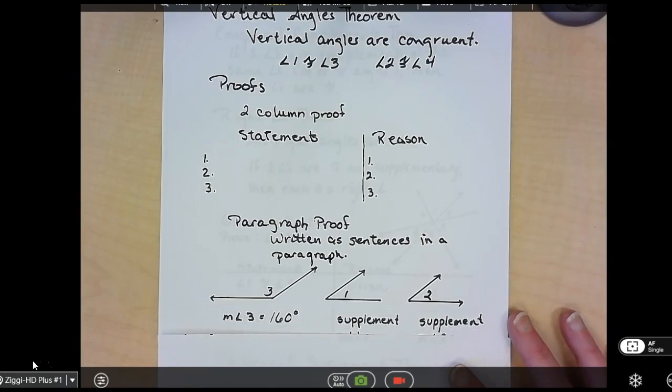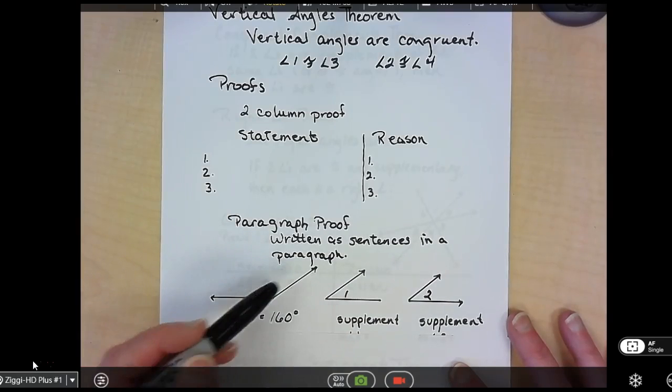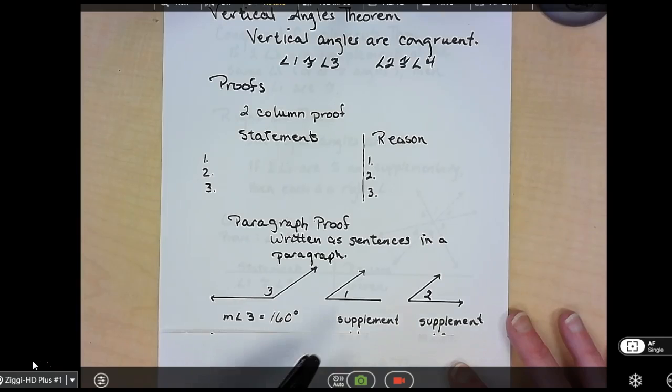So in this one, measure of angle 3 is given to us as 160, and they say angle 1 is a supplement to it. So if I know that these two, angle 3 and angle 1, are supplementary, what is the measure of angle 1?